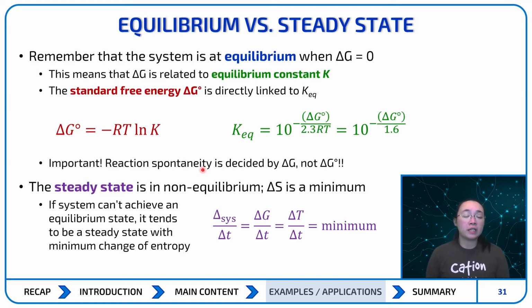So even though we can say a living system approaches equilibrium, we can say that a living system is going to be in non-equilibrium, but have a steady state where delta S is minimized. So that means your delta S over time equals delta G over time equals delta T over time. All of these changes are at a minimum.